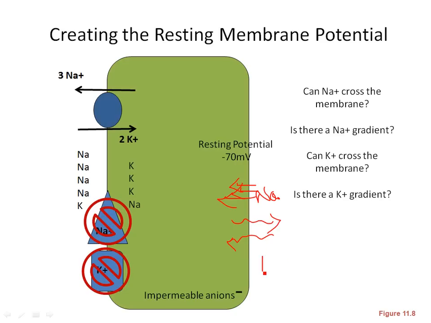Yes, because sodium is positively charged. So as more and more and more positive enters this cell, that's going to change the charge. If enough sodium leaks into the cell such that the potential goes from negative 70 up to minus 55 millivolts, magic happens.